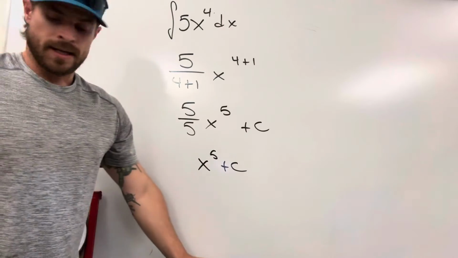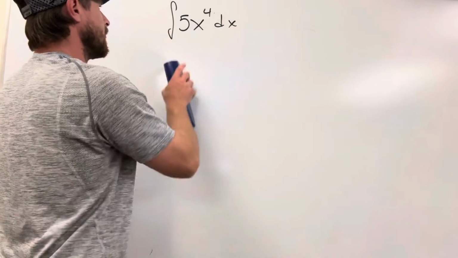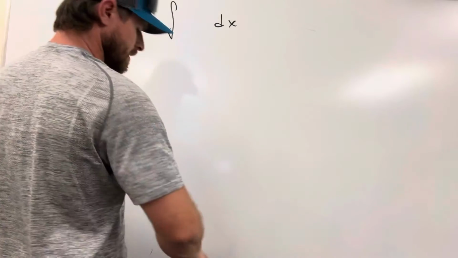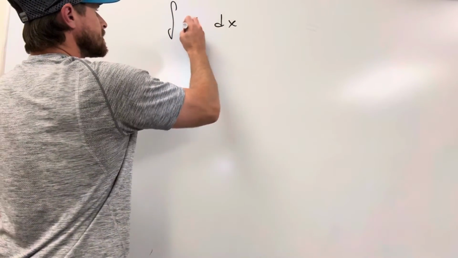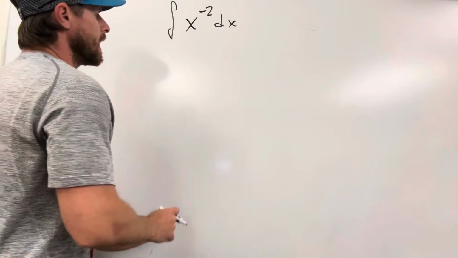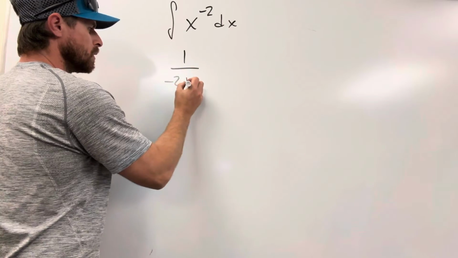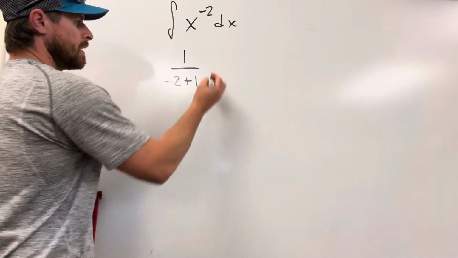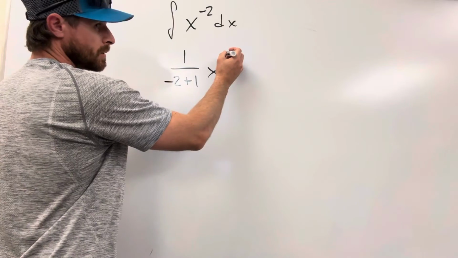Okay. Anything else we can go over? Of course, let's do some negative exponents. How could I possibly forget about negative exponents? That's where it gets tricky and kids all of a sudden start making mistakes. x to the negative 2nd power. So we've got 1 over negative 2 plus 1, x to the, what's negative 2 plus 1? Better be careful there.